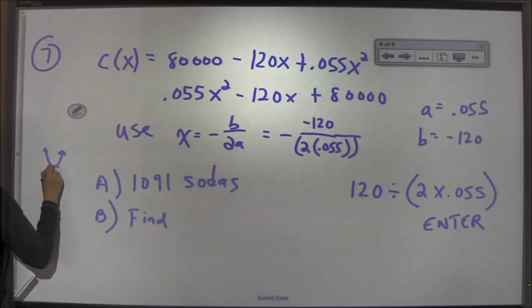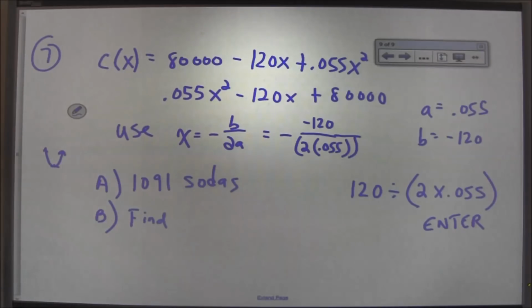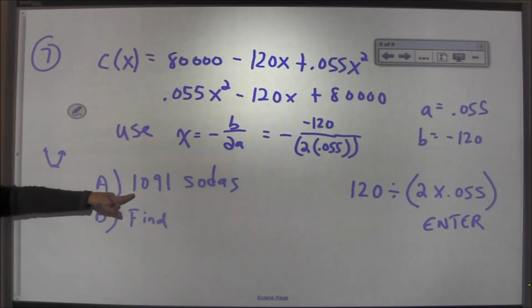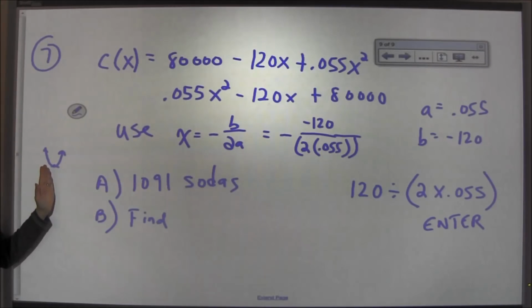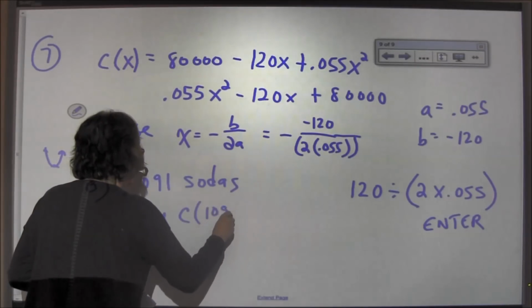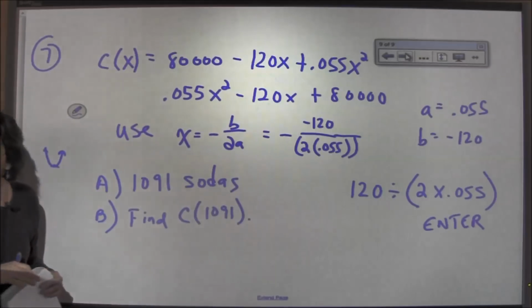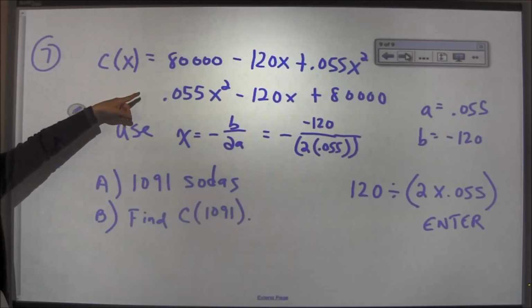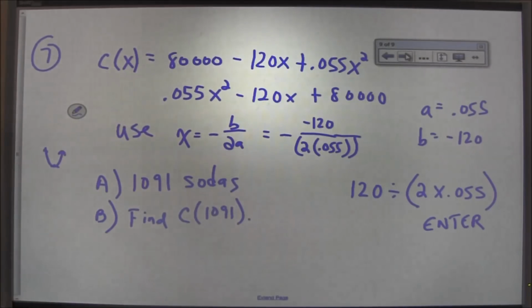So right here at the vertex, you've got a minimum. What we did was we found the x that gives us the minimum cost. So now to find the minimum cost, we would find C of 1091. I'm not going to go through that. All you do is plug it into the formula, and you can use your calculator. Okay? And you got the answer there.